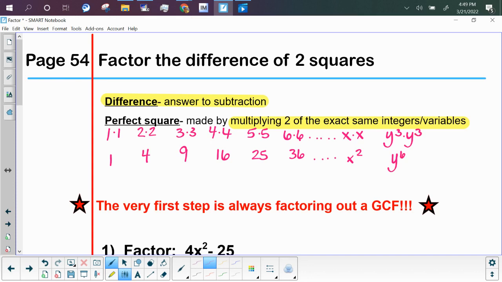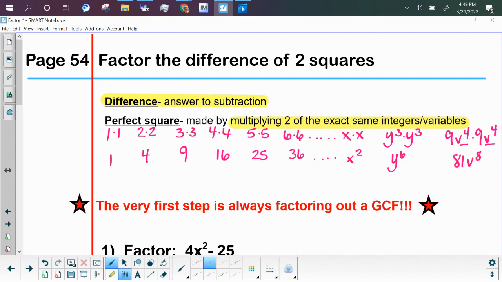Or we could do numbers, integers, and variables. So I could do like 9v to the fourth times 9v to the fourth. As long as they're the same, 9 times 9 is 81. I have 4 v's and 4 v's, so that makes 8 v's. Okay, so all of these are perfect squares.